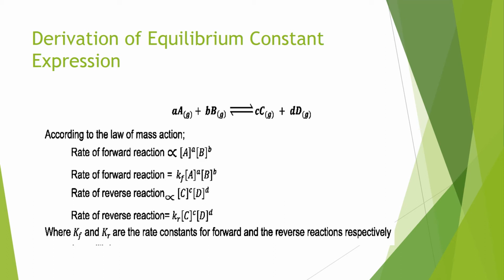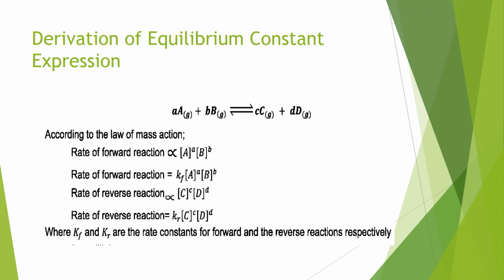This small a and small b are written in the form of exponents. This shows the number of moles. So when we write down the equation, we put the number of moles in the form of exponents.